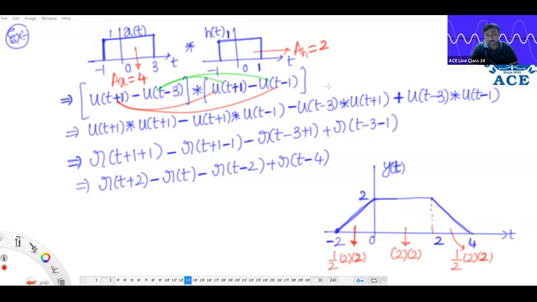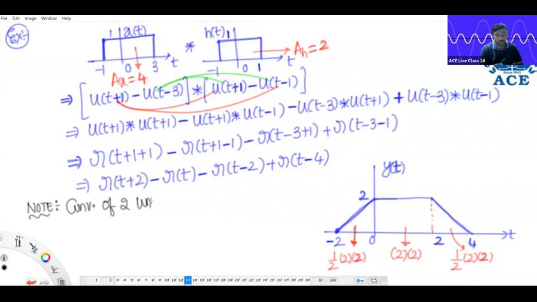Whenever we convolve two unequal length rectangles, 100% the graph is a trapezium. If they are of equal length, you will get a triangle.